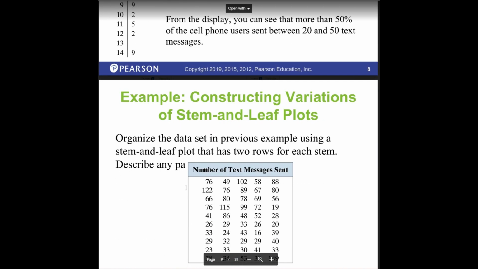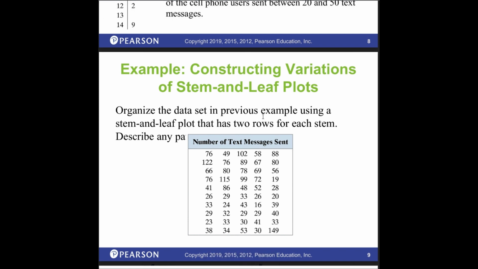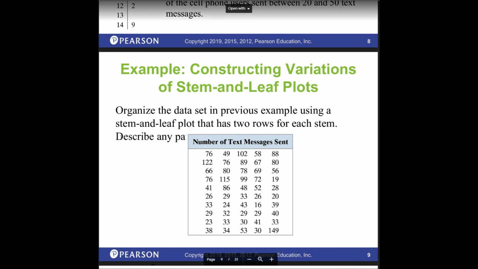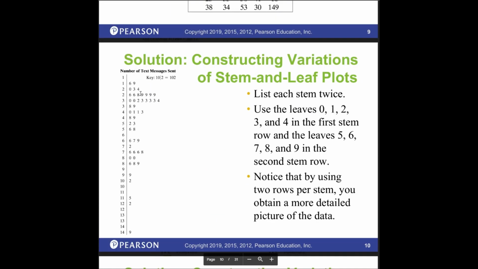Now we organize the data set from the previous example using a stem and leaf plot that has 2 rows for each stem, and we have to describe any patterns. We list each stem twice, and we use the leaves 0, 1, 2, 3, and 4 in the first stem row, and the leaves 5, 6, 7, 8, and 9 in the second stem row.